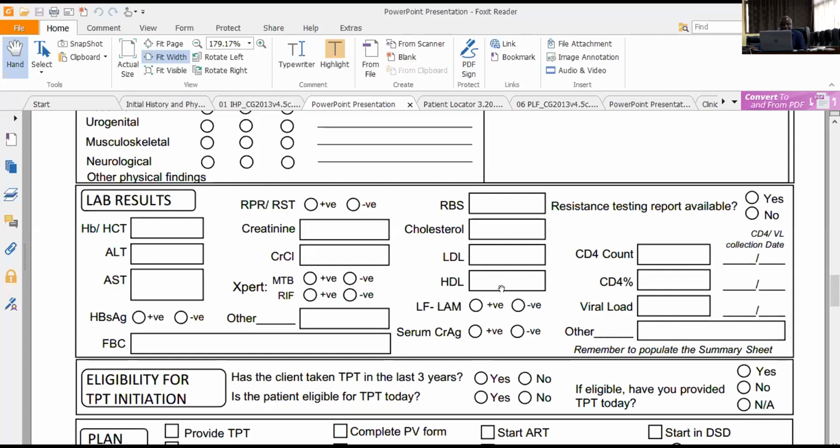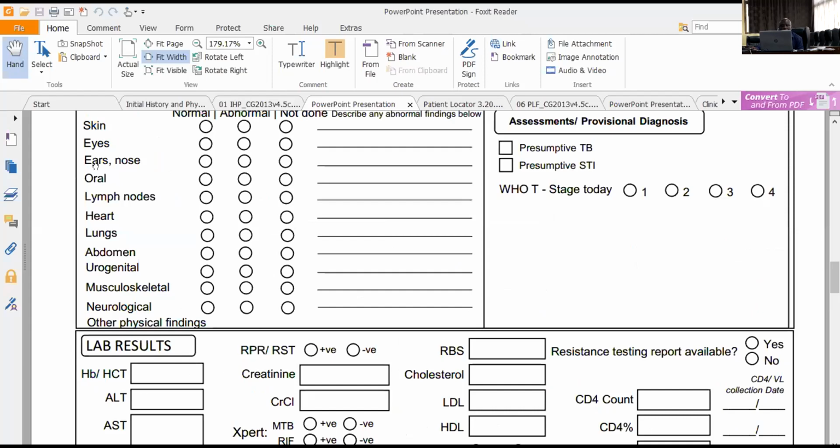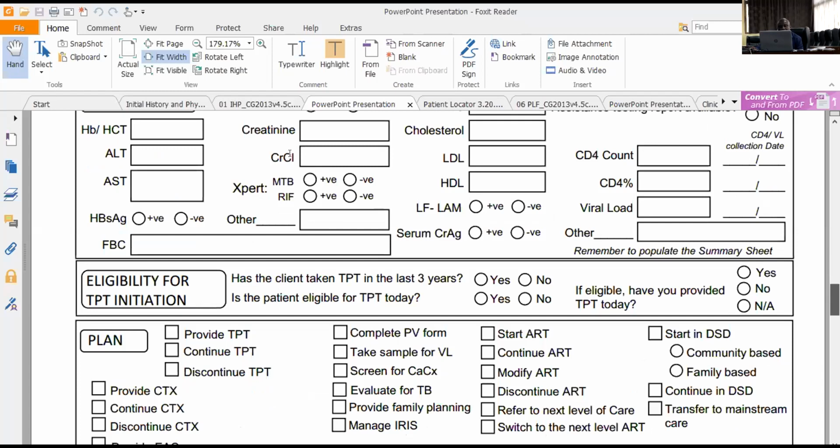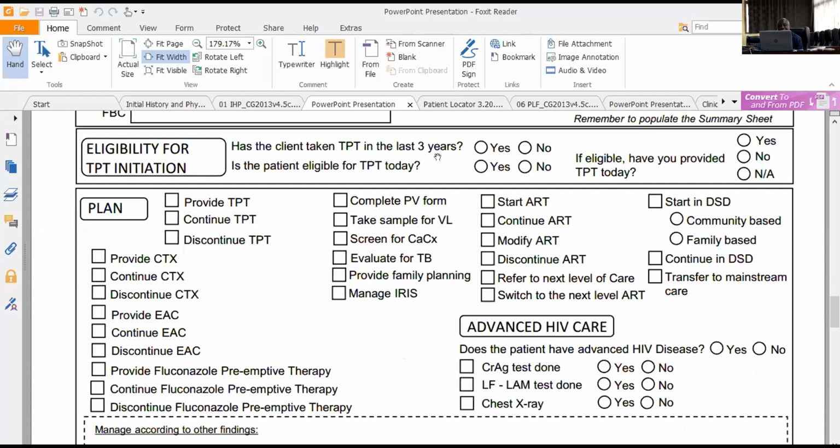I was talking about the eligibility for TPT. It is here. So you just ask whether the patient has been on TPT in the last 3 years. And if they have not been on TPT, or if they have, are they eligible for TPT today?